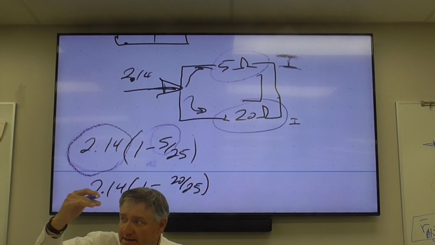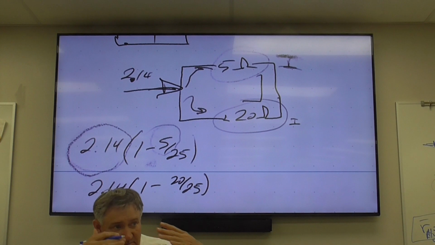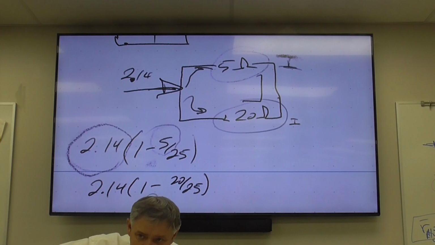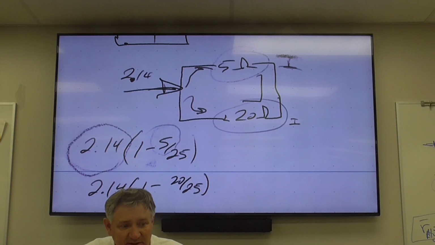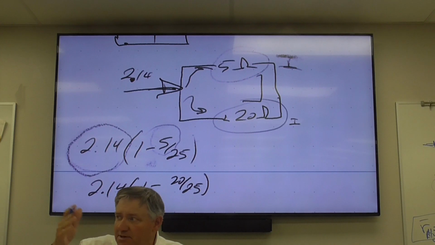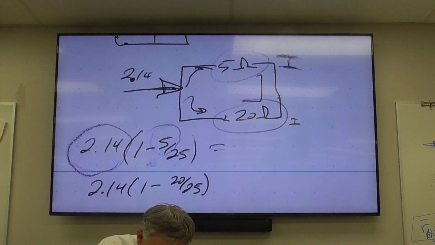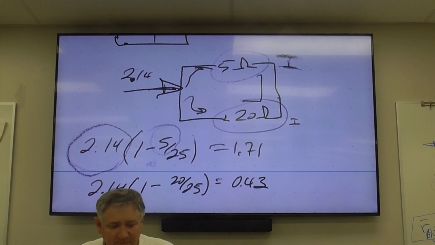It takes into account that this is a proportional value, and taking 1 minus that allows me to see that this is going to be the bigger current. If you do that, you get 1.71, and then you get 0.43.